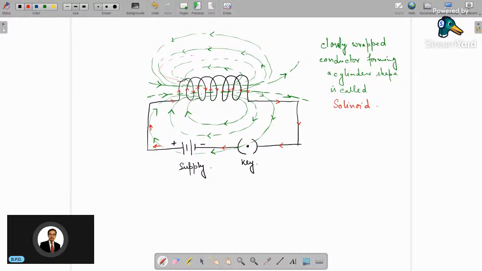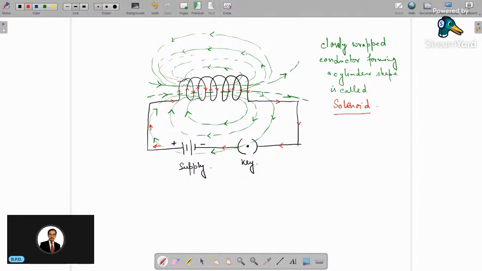Solenoid. It is called a solenoid. Okay, keep that in mind. It is very important. A solenoid is called a solenoid.